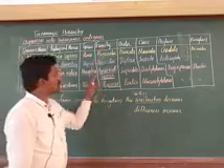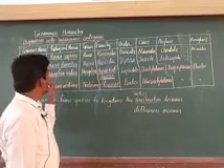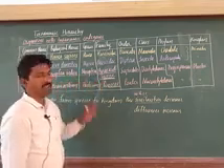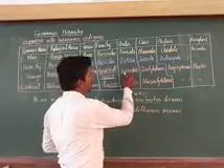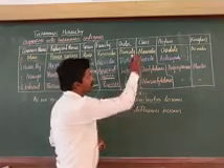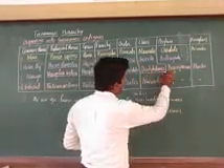So here the mango family is Anacardiaceae. What do you call? Anacardiaceae. Next the order is Sapindales. What do you call? Sapindales. And next the class Dicotyledonae.